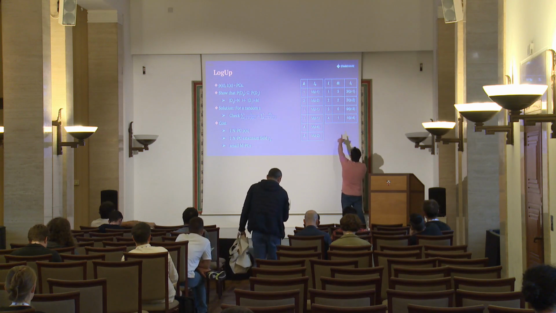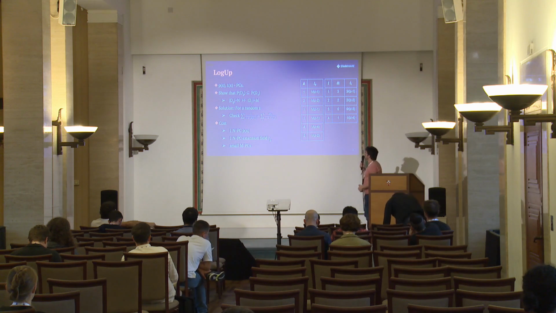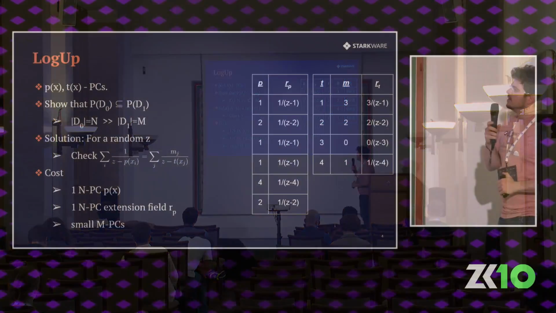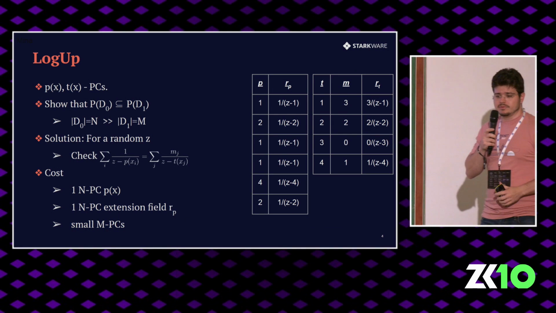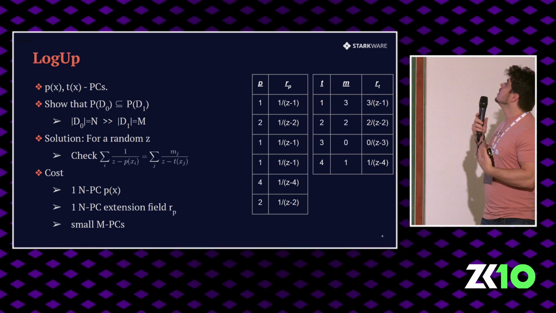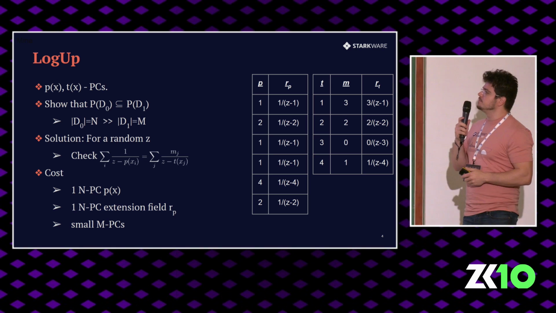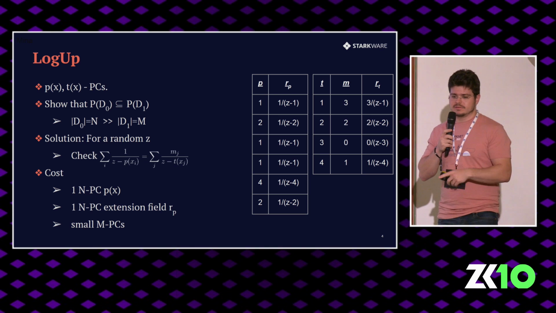We have 2 columns, T and M, and 1 extension field R, but usually these columns on the right are smaller. So I call it a small number of M-sized polynomial commitments. Note here that we also have this extension field column, which is kind of expensive, and we would like to avoid it if possible. Okay, so this is a lookup argument.